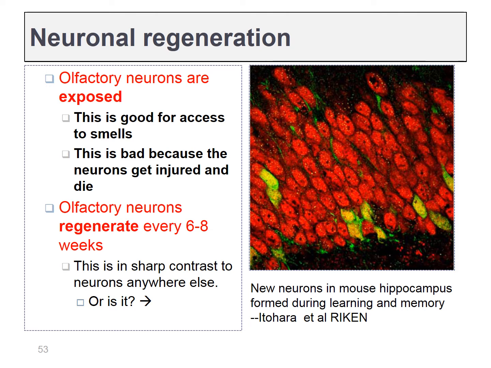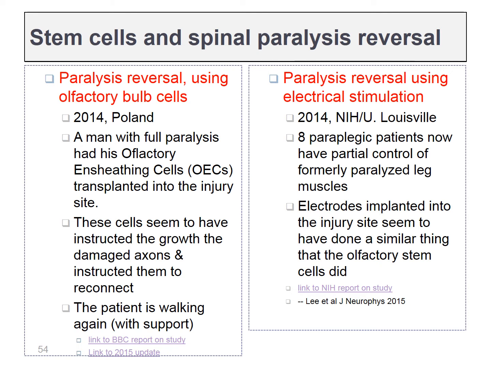So this is a very important concept. It's already put into application once. A few years ago, a man suffered full paralysis, and the doctors were absolutely sure that the spinal cord had completely degenerated at this spot. They took some of the neurons from his olfactory epithelium, removed them, and injected them into the area of his spine that was damaged.